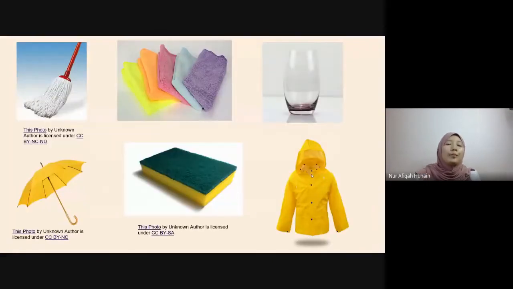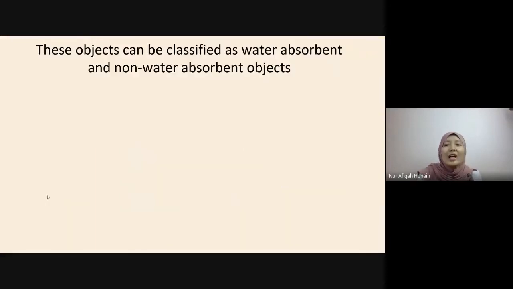Okay. So this time, this is mop, clothes, glass, raincoat, sponge, and umbrella. How can we classify these objects? Yes, we can classify them into water absorbent and non-water absorbent objects.